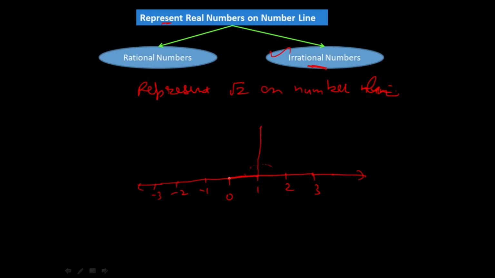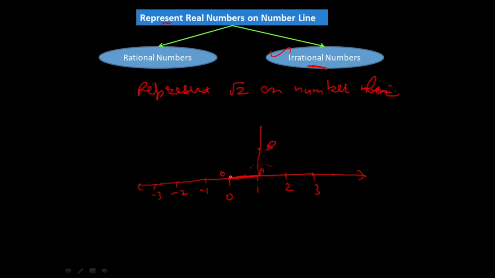Whatever length you assumed here, take the same length on the perpendicular. You can use compass, your scale, whatever. It can be 1 centimeter or whatever, the same length should be taken here. Assume this is point O, this is point A, this is point B.